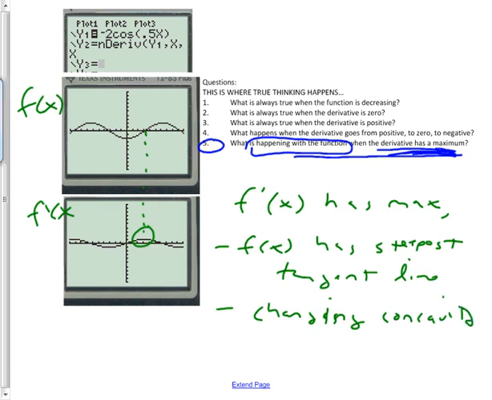And just as a definition reminder, that's called the point of inflection.